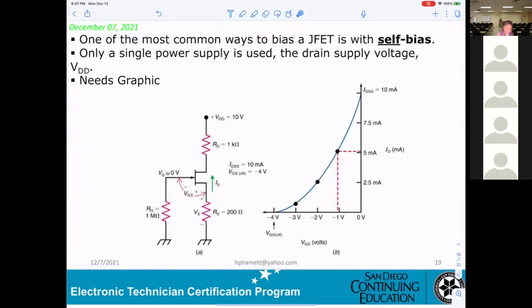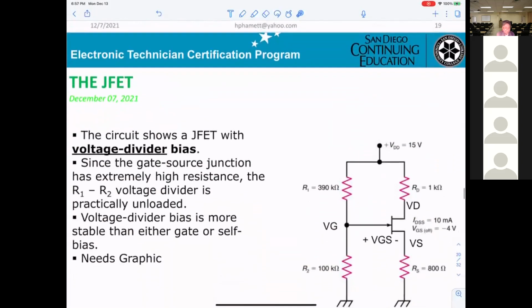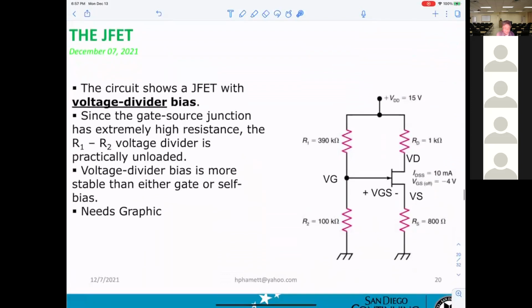So the voltage from gate to source, they call VGS, gate source voltage. That's basically the definition. Now, they're using the voltage divider, the same as in the bipolar transistor.